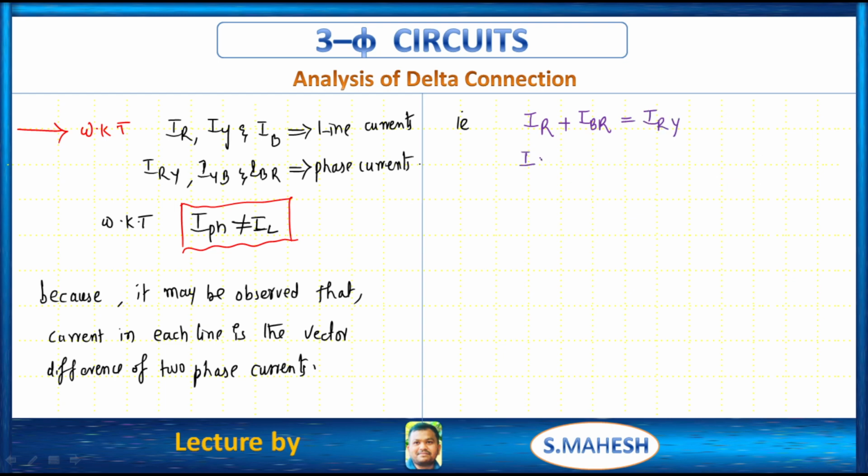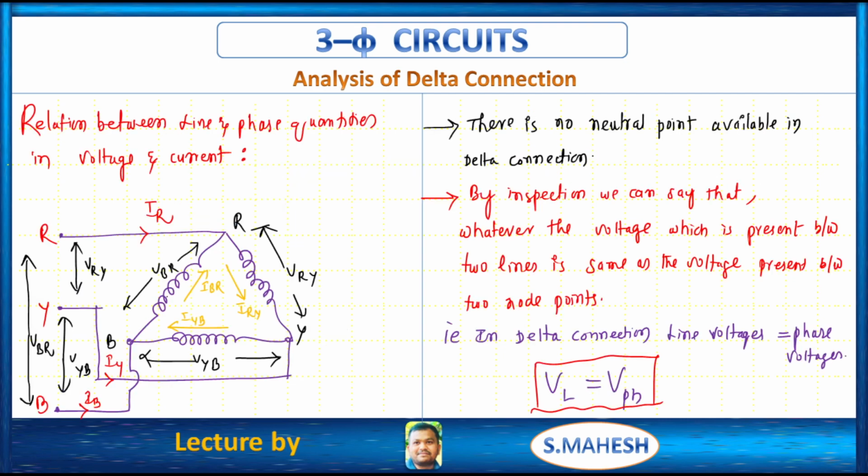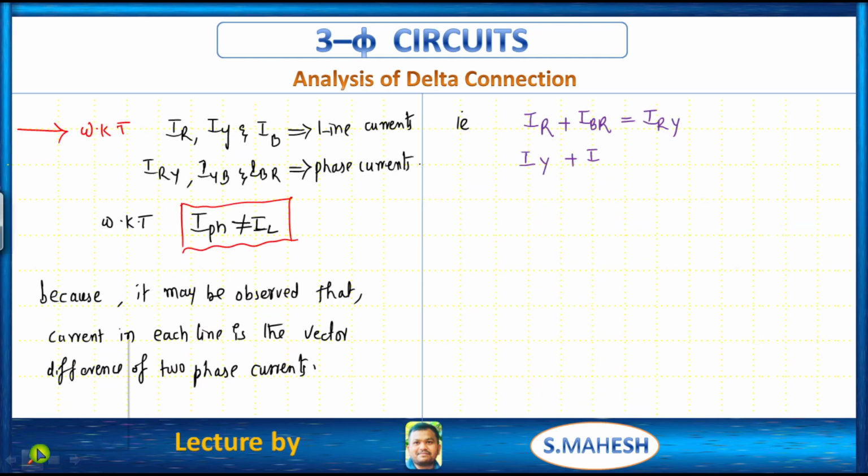Like that, at Y, IY is entering, and IRY is entering, IYB leaving, right? IY plus IRY is equal to what? IYB.